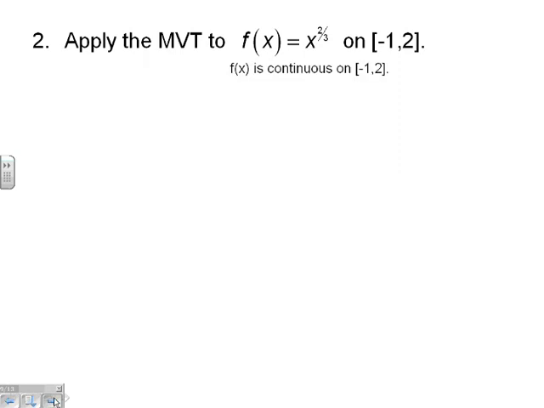It is continuous, because if you look at the curve, it's not going to have anything bad. Take the derivative. I'm just going to use power rule. We get f prime of x equals 2/3 x to the negative 1/3 power. And then what I went ahead and did there was just rewrite it without a negative exponent on it.